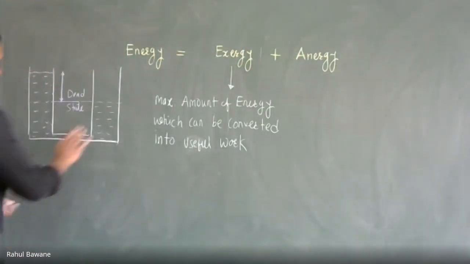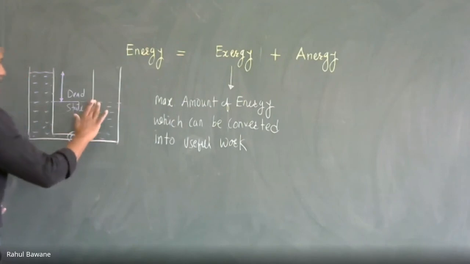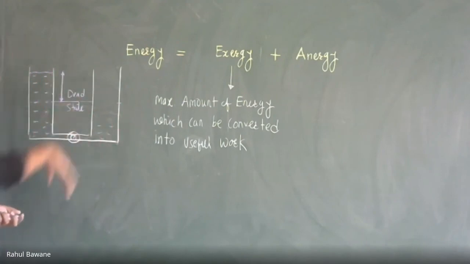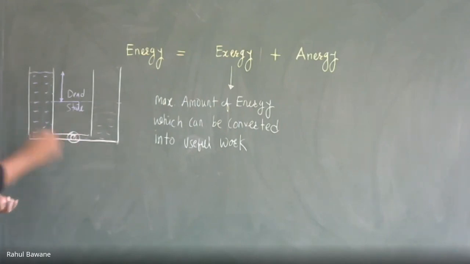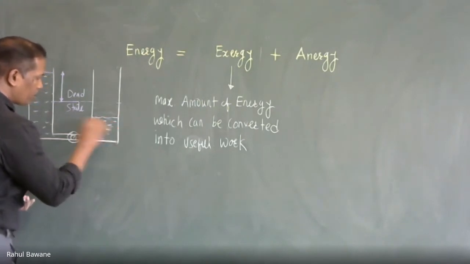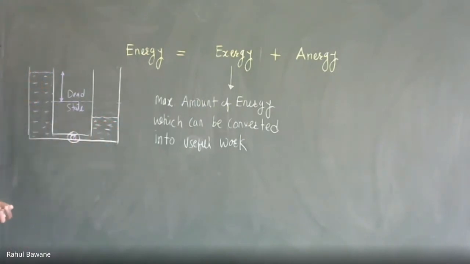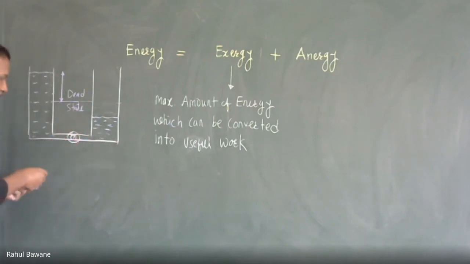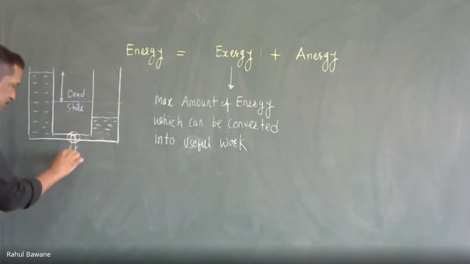It might be possible you are not running this turbine till the water level in both reservoirs reaches the same level. You are each time running your turbine only up to this. So it is not reaching the dead state, but still the requirement of your work output is satisfied.